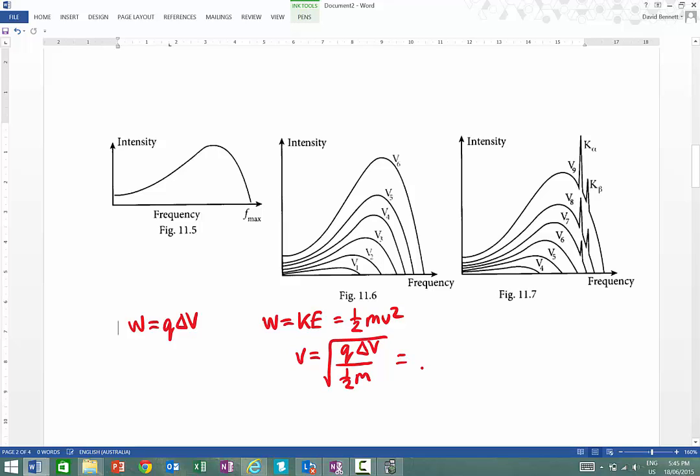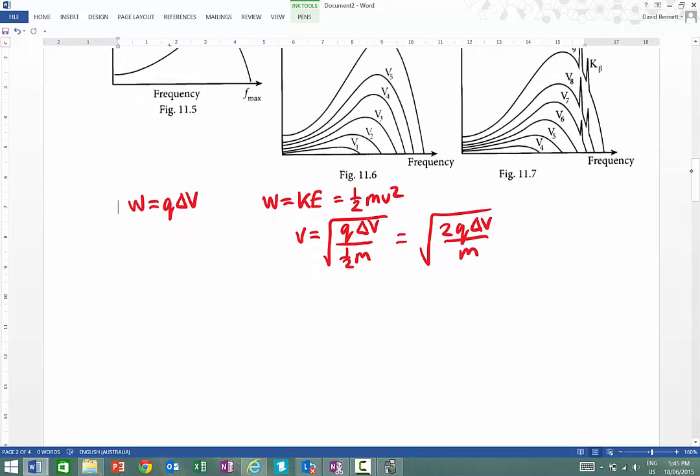Or you could write that as the square root of 2QΔV all over m. So talking about electrons, the charge of the electron, the mass of the electron, and the potential difference will work out the velocity of the accelerated electron over there.